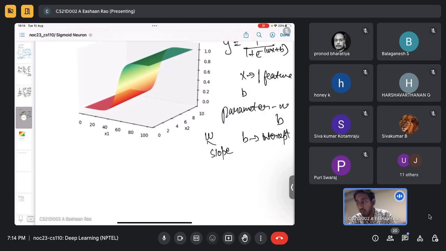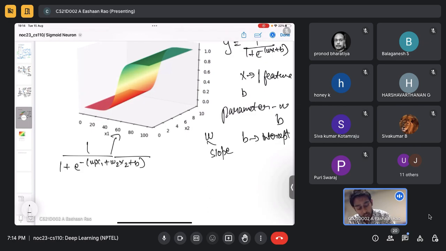Now if you want to have two input features, we just add e raised to minus (w1 x1 plus w2 x2 plus b). Similarly for three, and this will give this kind of graph. If you want more inputs, you can write the sum from i equal to 1 to n of wi xi plus b.